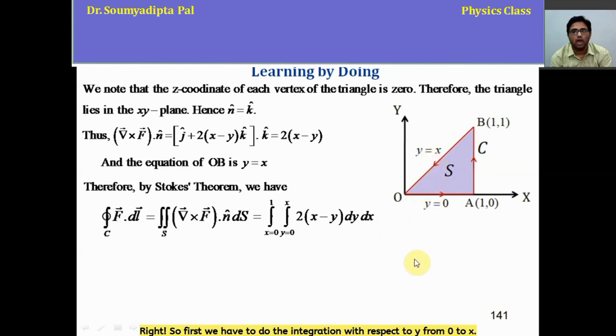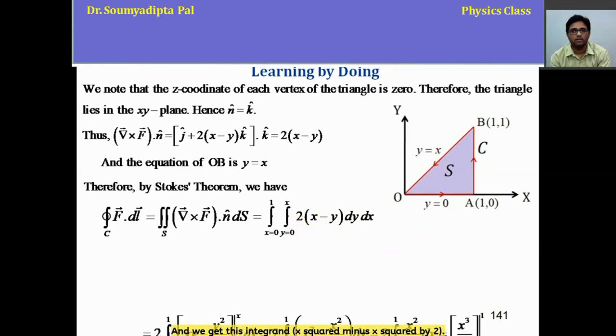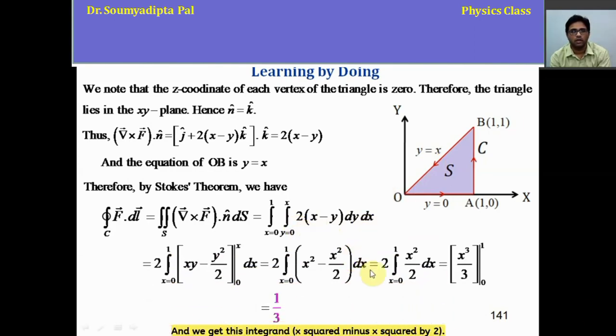So first we have to do the integration with respect to y from 0 to x, and we get this integrand x² minus x²/2. So from here x²/2. Then after doing the integration with respect to x and putting the limits, we get this value 1/3, right?